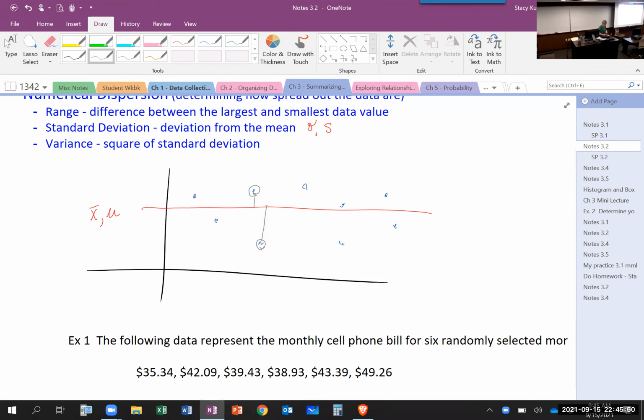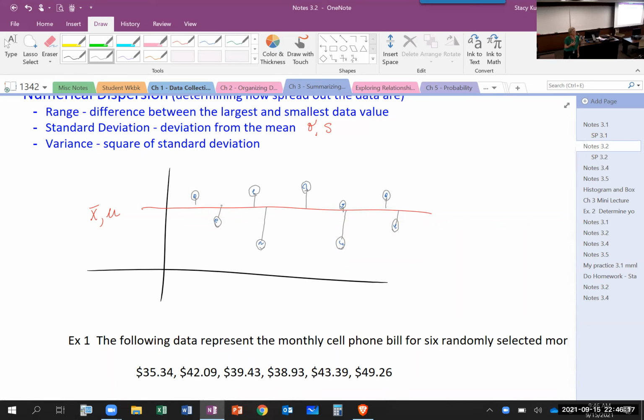I can measure this distance, and this distance, and so forth. Each time I'm measuring the distance that these data points are away from the center. This is the way I used to have to do this a long time ago before we had cool computers that would do it for us.